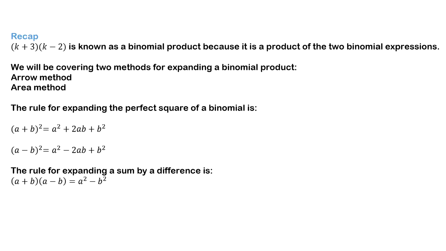Both ways I suggest learning, and then you decide. The first special binomial product was our perfect square, and there were two rules for that. And then we have the rule for the difference of two squares, which is on the bottom of the screen. Now remember, for these special binomial products, you can just fall back on the area or the arrow method if you wish. They both allow you to still find the solution. They're just maybe a little bit longer.